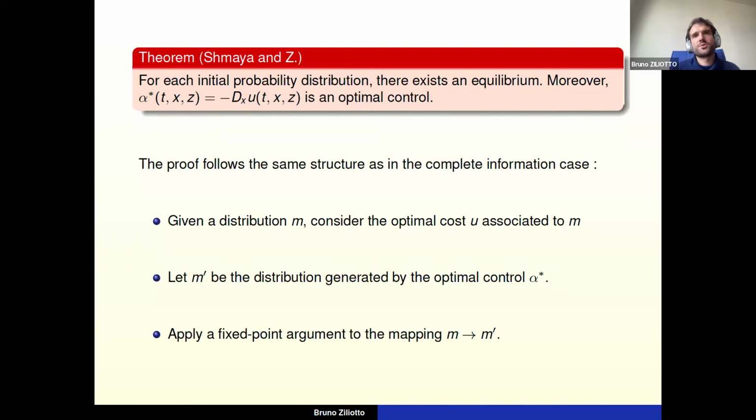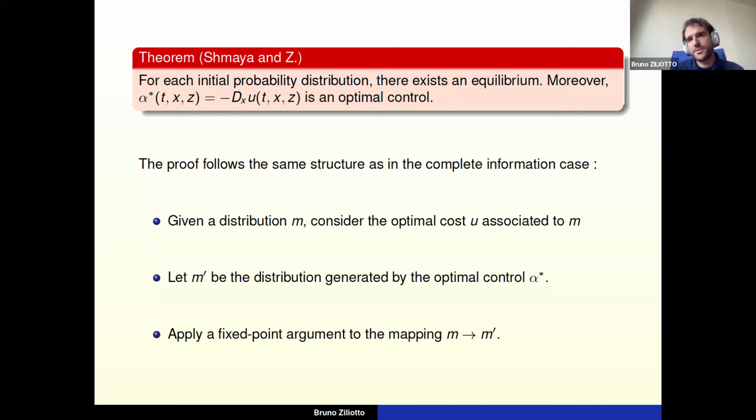Given some distribution m, you consider the optimal cost faced by a representative player when all players play according to m, and you call this optimal cost u.